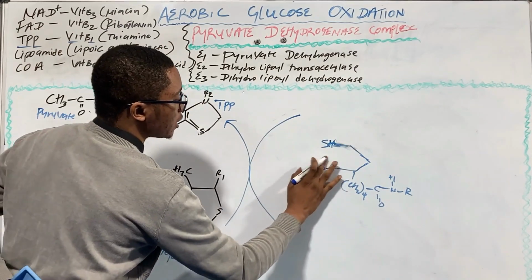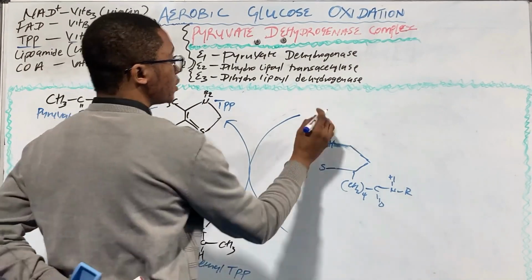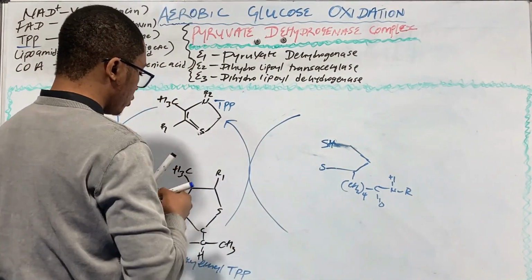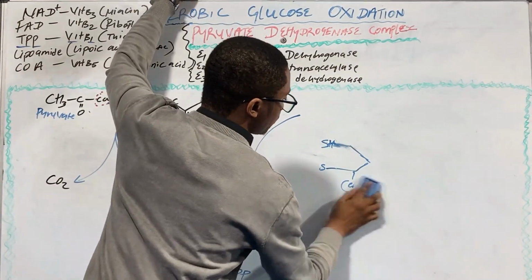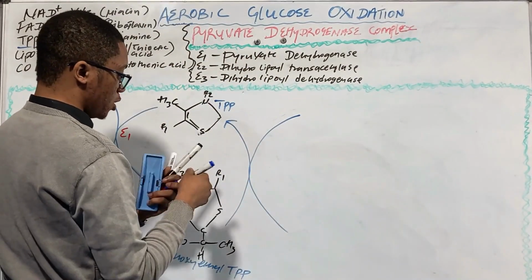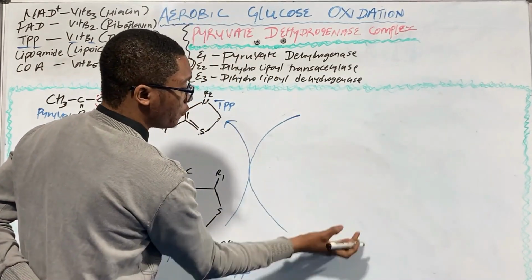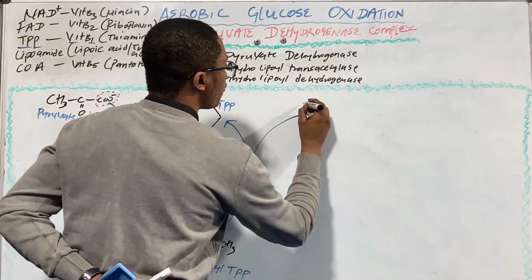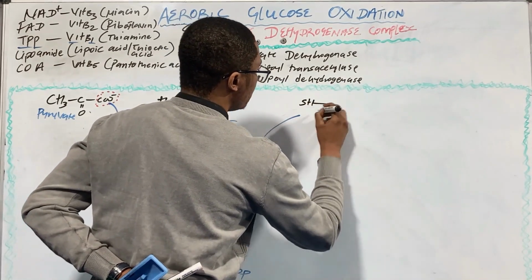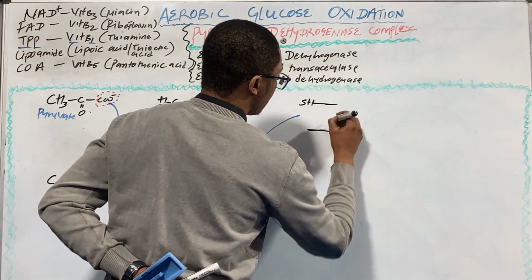So that is what really happens in the first part of this reaction. Remember, this reaction has two parts. So, breaking the disulfide bond of this lipoamide, which I just explained, we form a thiol group here.